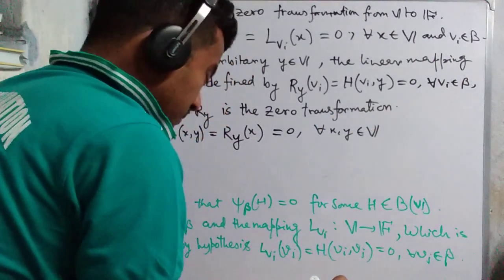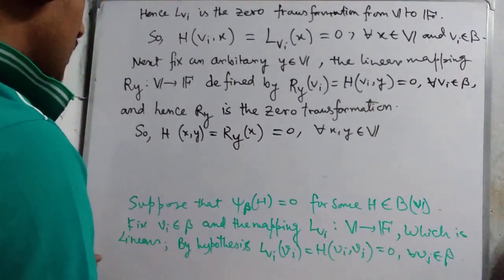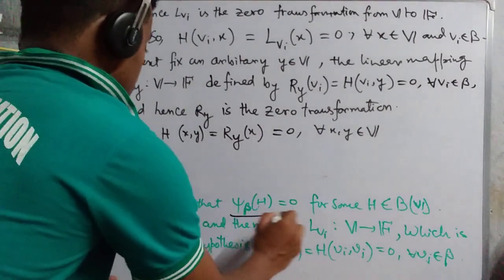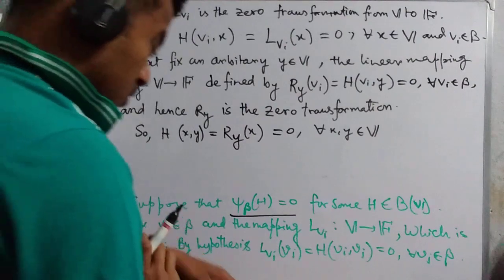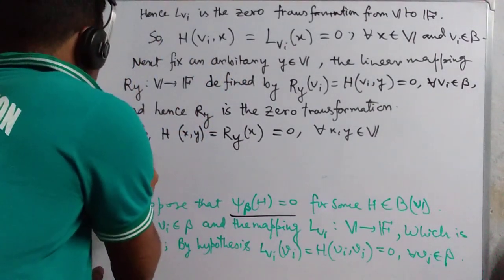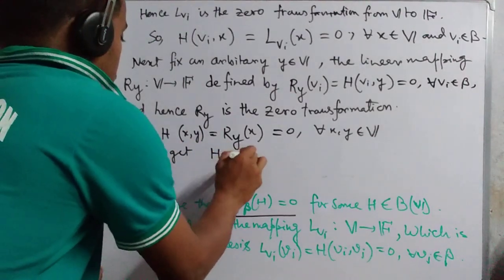Then we start from this: psi beta of h is equal to 0 implies that A is equal to 0. So we get h equal to 0.